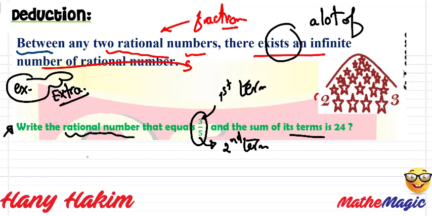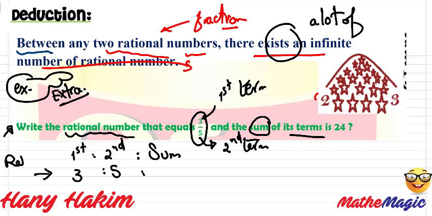Then I can make the ratio first to second, which is 3 to 5. He asked you the sum of these terms should be 24. I'll put a new item, sum. 3 and 5 are ratios, so I'll add them, 3 plus 5, to make them equal 8.